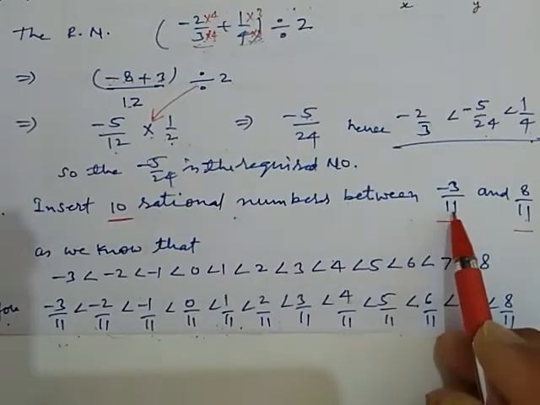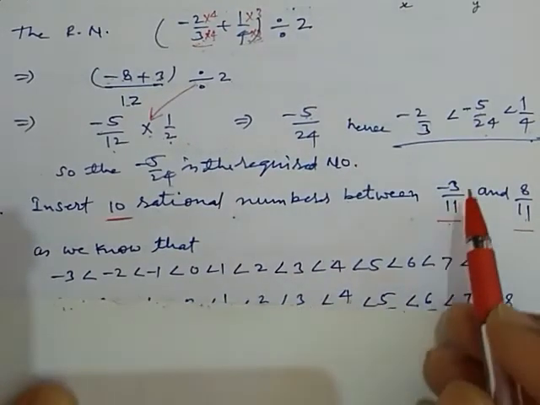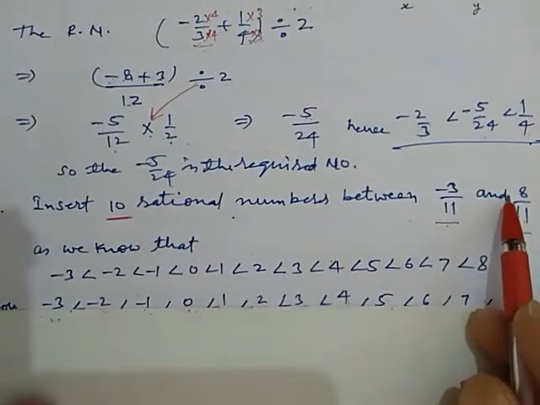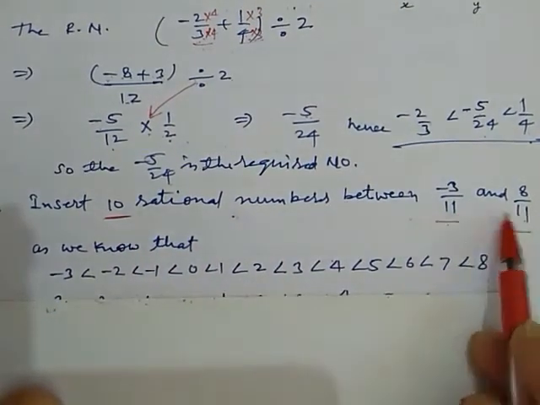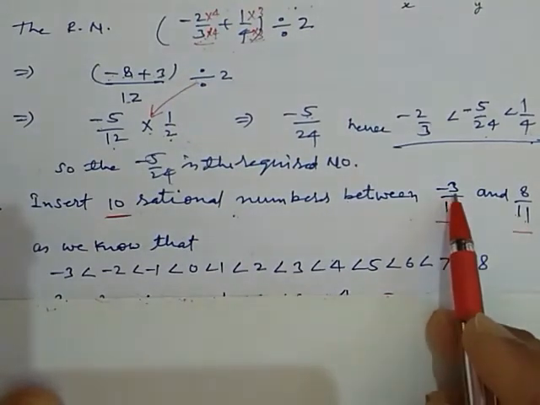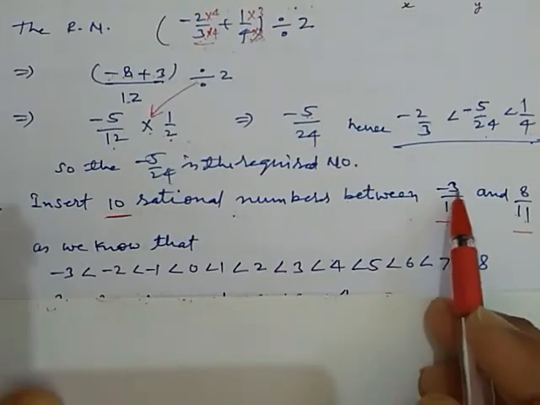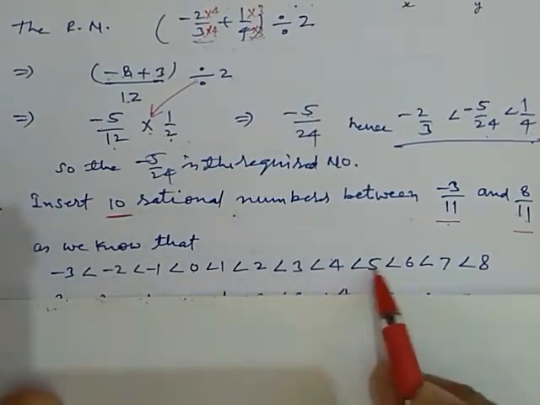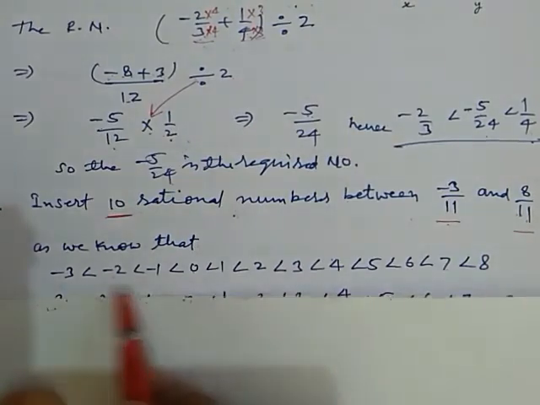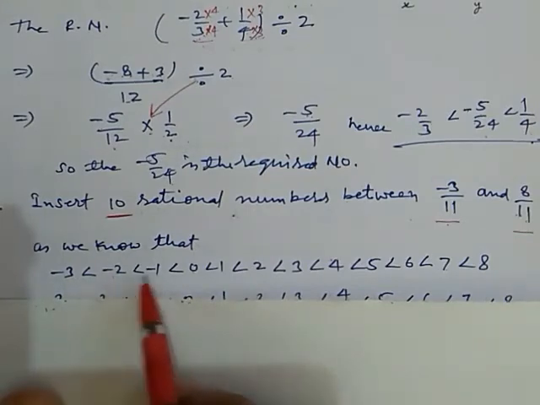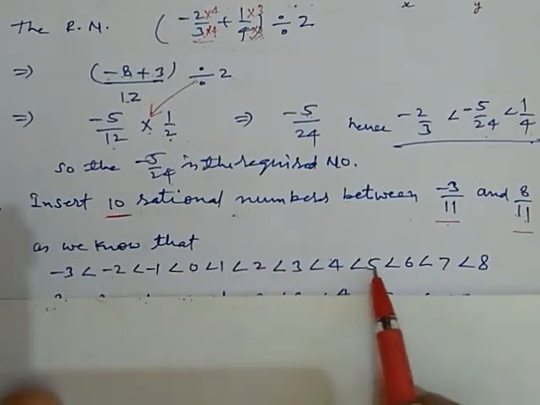First we check whether they already have 10 numbers in between them. So count, because the denominators are the same. Here minus 3, after minus 3, minus 2, minus 1, 0, 1, 2, 3, 4, 5, 6, 7, and this way we represent the numbers and count. This is 1, 2, 3, 4, 5, 6, 7, 8, 9, 10.